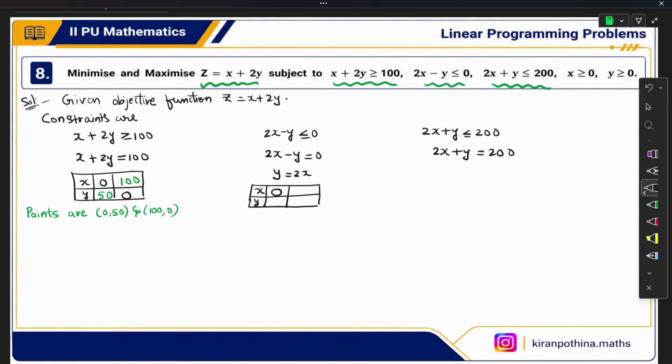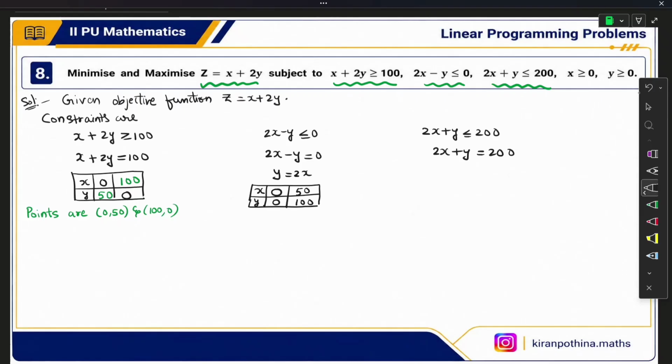Only one value will be 0. When x is 0, automatically y will be 0. So don't take y value 0 again, because the points will repeat. So instead of that, I will take one more point. Let it be 50. Now I will take x value 50. When x value is 50, y value will be 100. This is the second line.